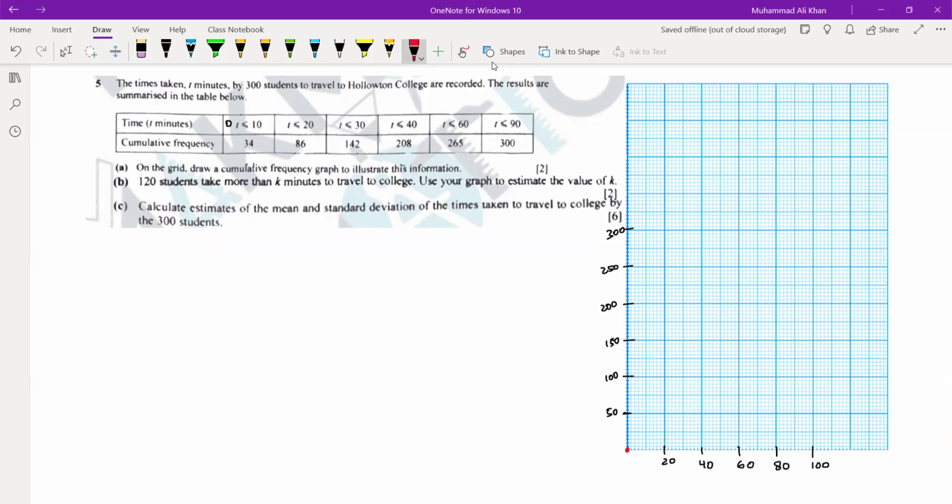So here it is 25, and 34 will be somewhere here. 20 is 86. Here it is 100, and 86 somewhere here.